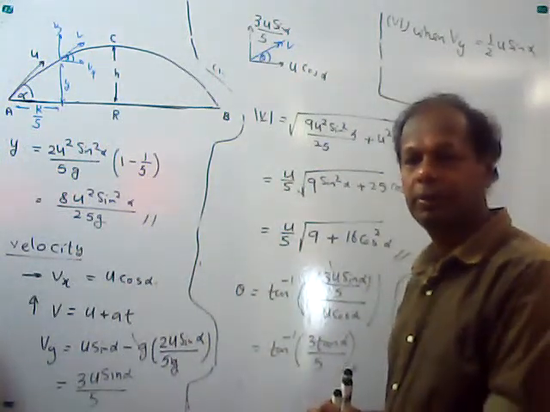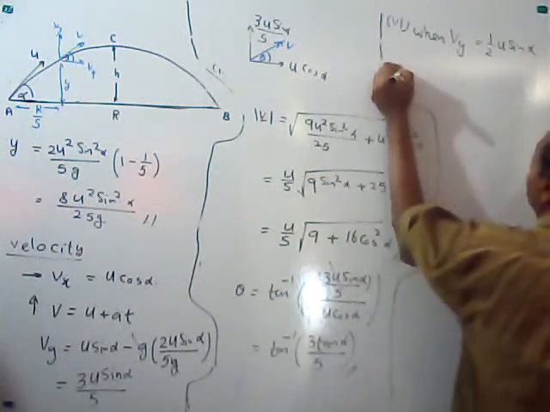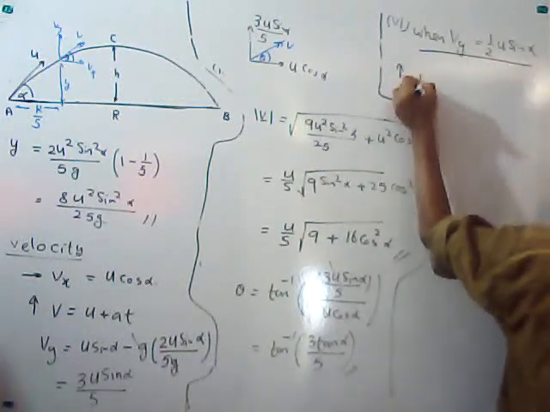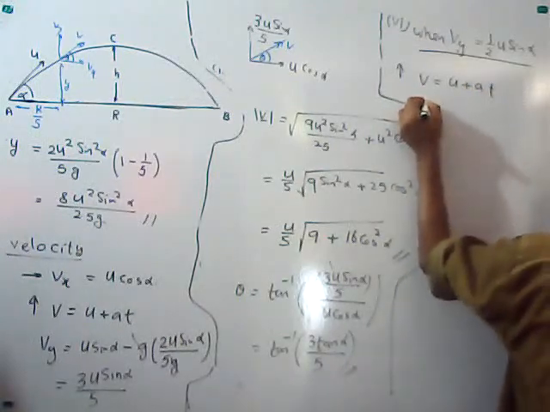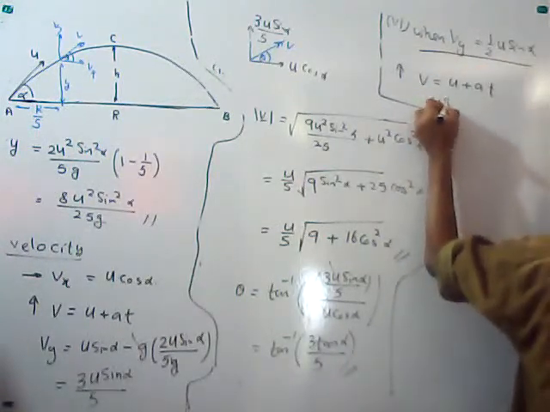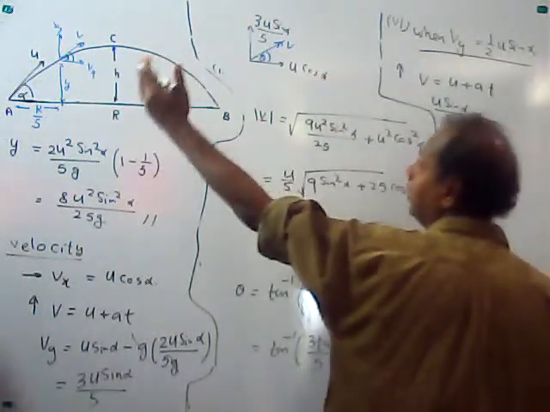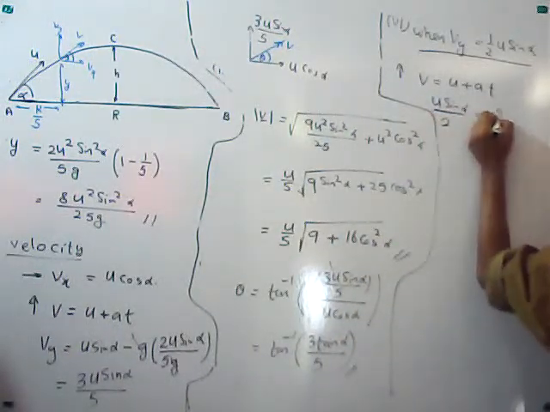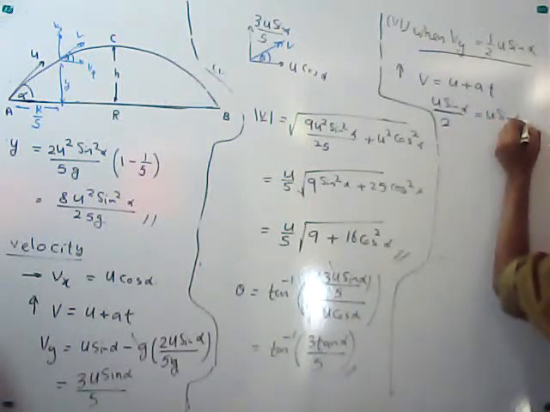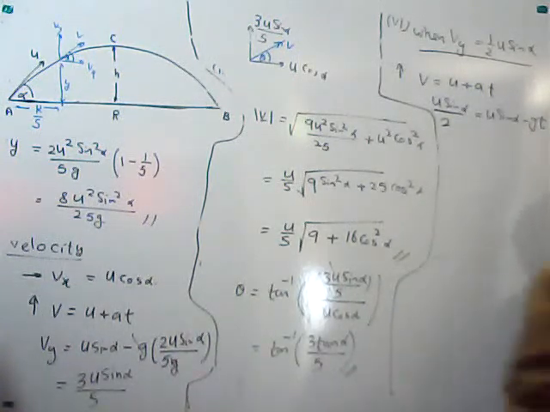To find the time t, we will apply vertically v equals u plus at, upwards. So v is u sin alpha over 2 equals u, initial velocity is u sin alpha, minus gt.